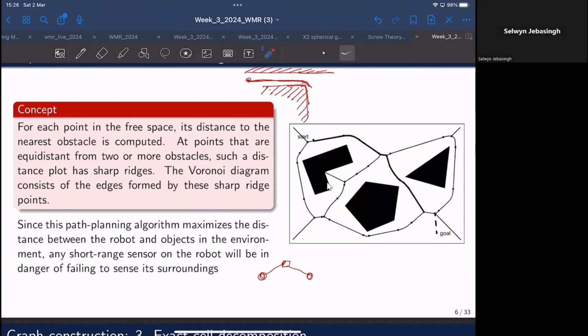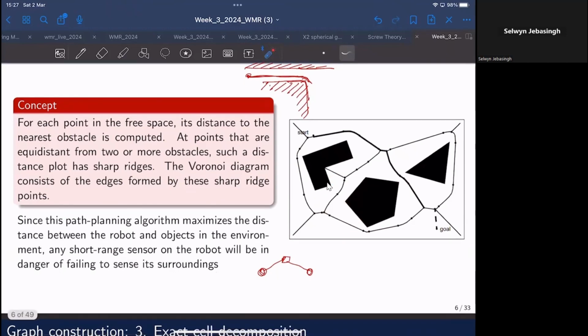And for example, here also you can see a curve. Those curves are basically equidistant from these two vertices. And here also you may see a curve because that could be equidistant from this corner and this line. And here also you can see a small curve, maybe a parabolic curve, that is equidistant from this line and this corner.